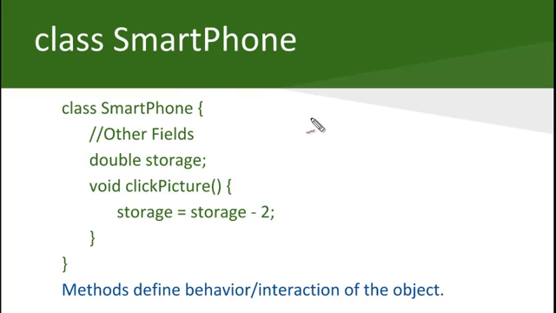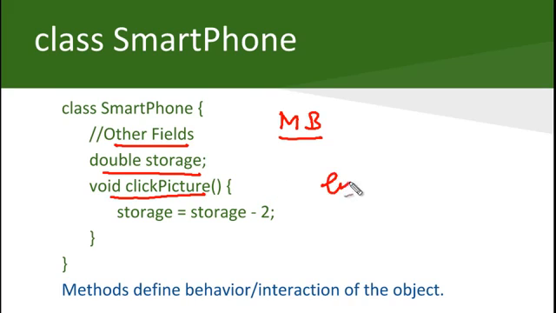But let us see through an example how methods in a class work, and the idea will be clearer. Now we take the same smartphone example which we took earlier. Consider other fields come here and we have storage, and storage is in MBs. Consider a method which we have called clickPicture.